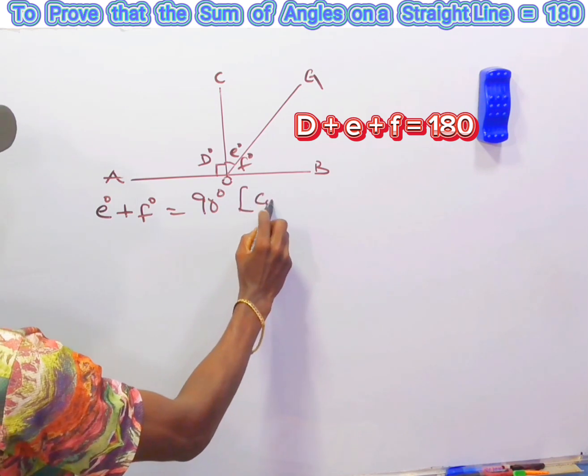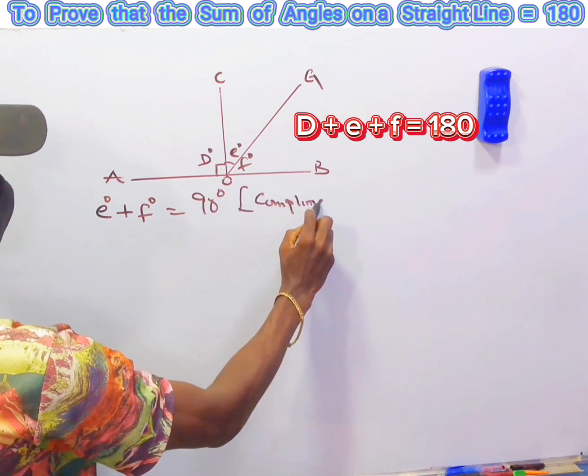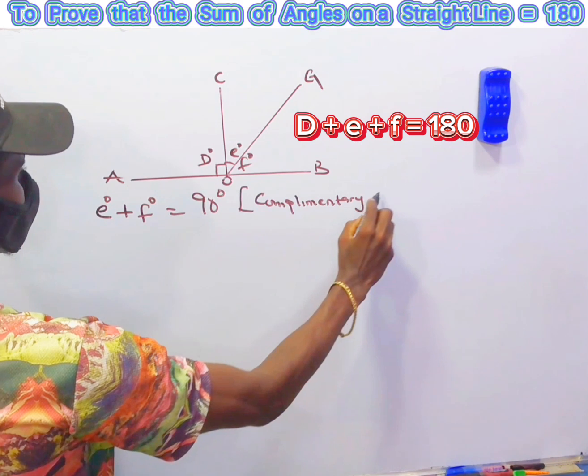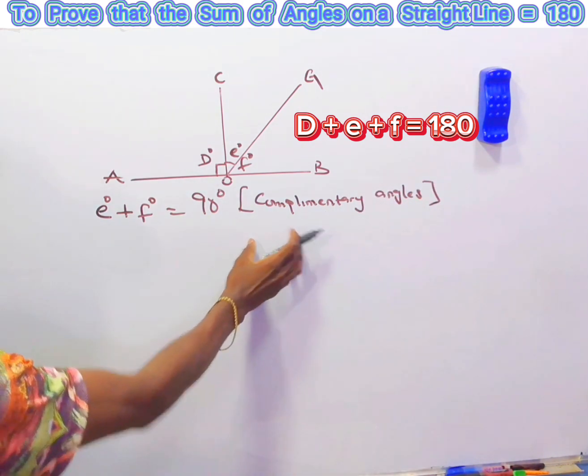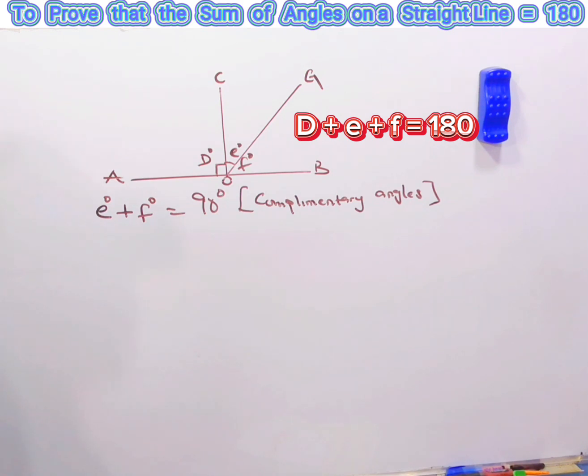Reason: complementary angles. Complementary angles sum up to give us 90 degrees.